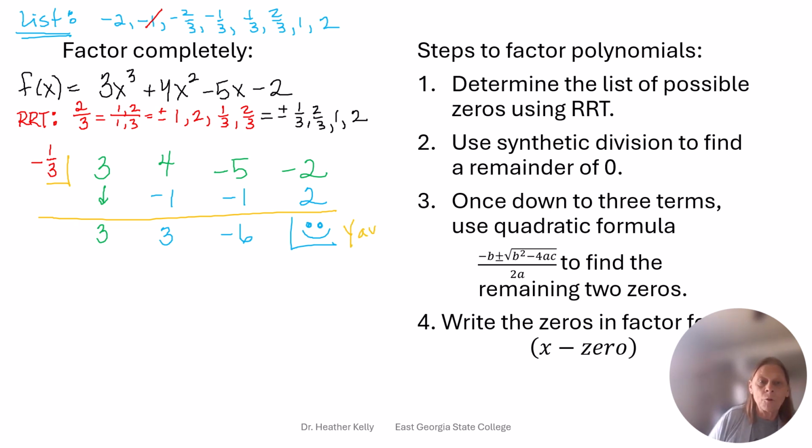Now, how many factors will we have? We will have 3 factors. However, you could continue to use synthetic division, but once you get down to a quadratic equation, meaning you have A, B, and C, and notice that our quotient now is quadratic with our A, our B, and our C, with our remainder being a 0, we're absolutely happy here.